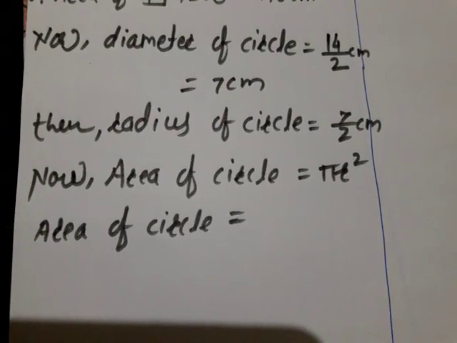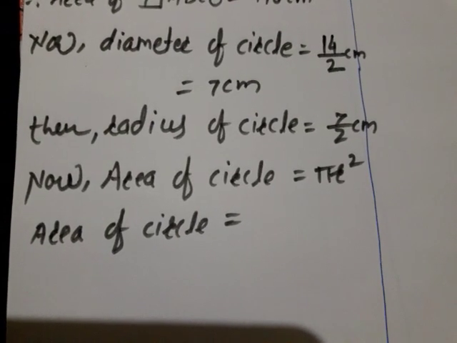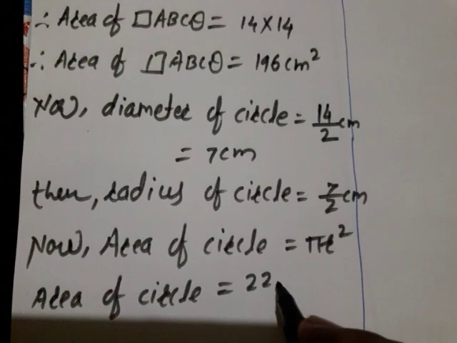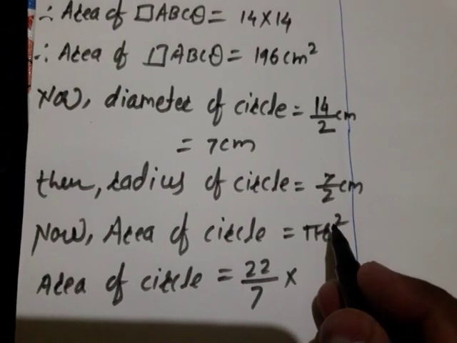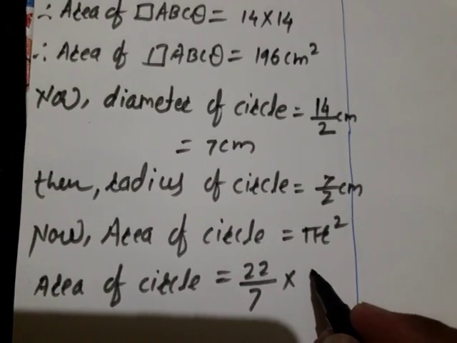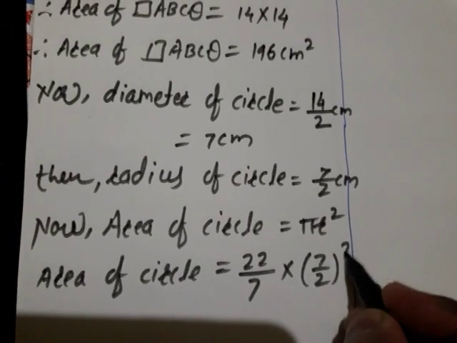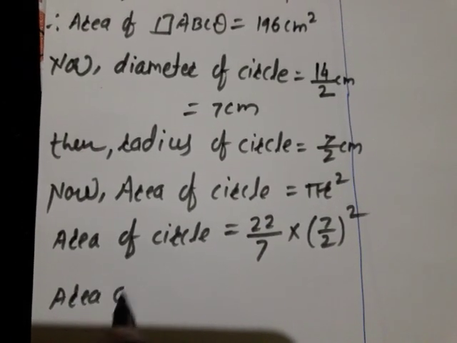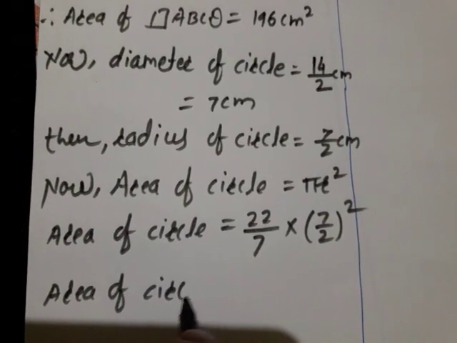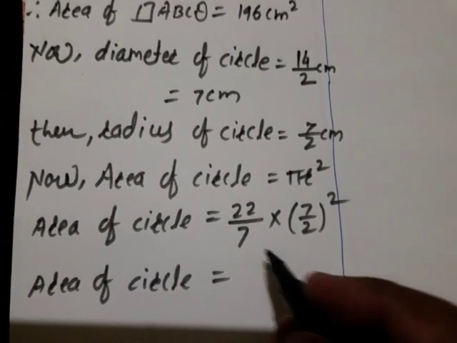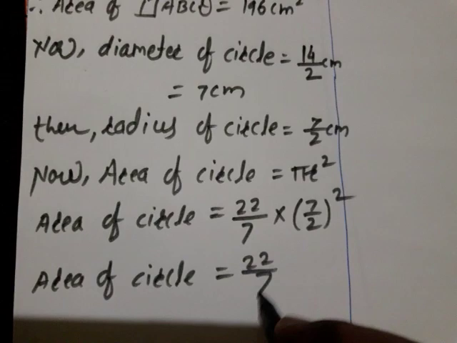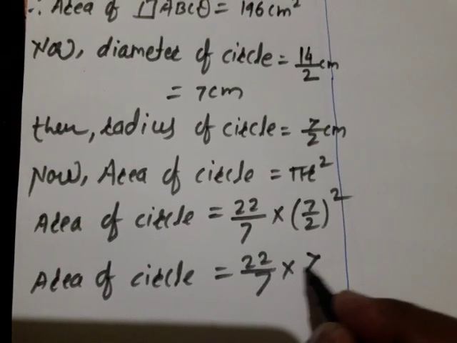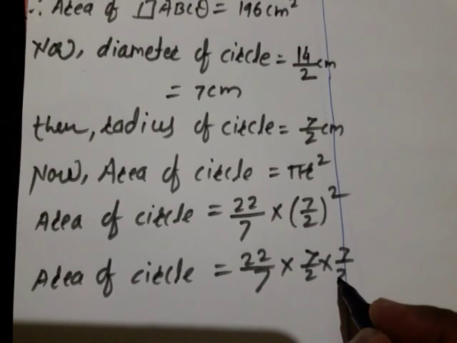R we got here 7 upon 2. We will put those values: 22 upon 7 into r square. What is r? 7 upon 2 bracket square. Area of circle is equal to 22 upon 7 into 7 upon 2 into 7 upon 2.